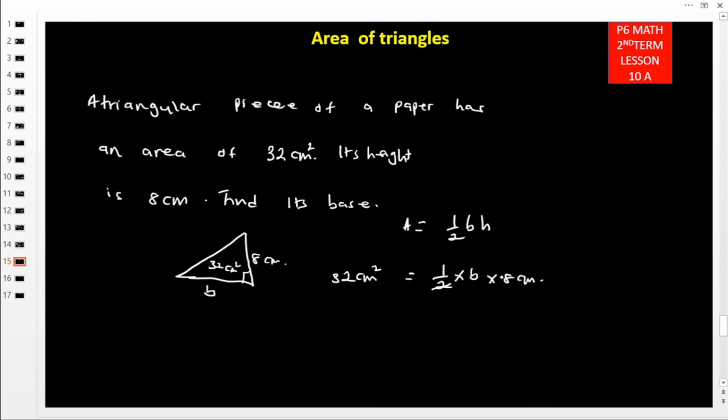So by 2 1 by 2 here 4, so here we have 4b centimeters, giving us 32 centimeters squared. So divide by 4 centimeters, divide by 4 centimeters, so centimeter by 4 1 by 4 1. So here we have our b, so centimeter goes with 1 centimeter by 4 1, by 4 here we get 8.